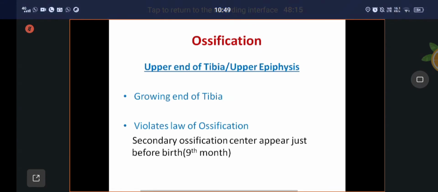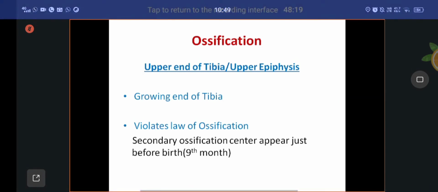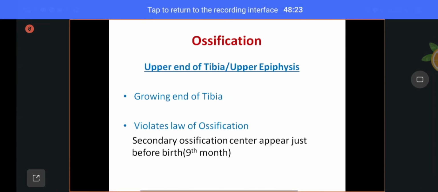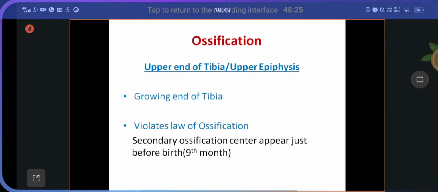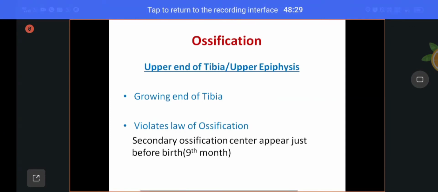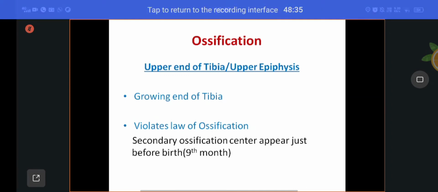The second important point is that it violates the laws of ossification. The secondary ossification center appears just before birth, at the 9th month. The law is that secondary ossification centers always appear after birth.